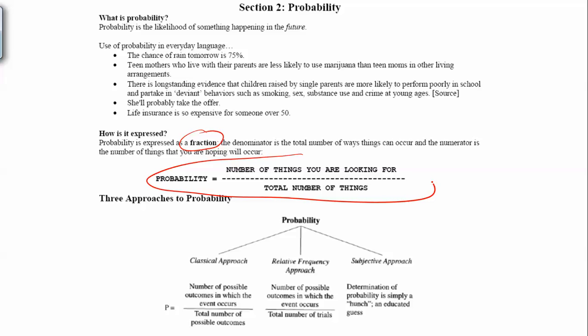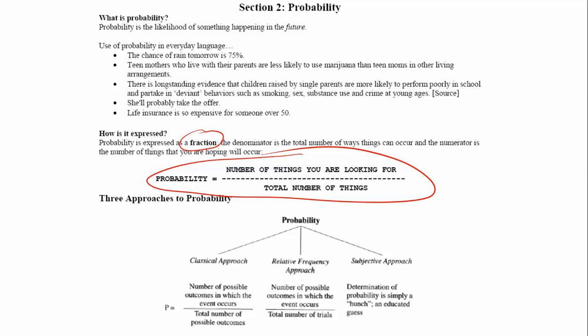If we take a look at this equation, we think about flipping a coin. The denominator is the number of possible events. Well, there's only two possible events. It's either a heads or it's a tails. The event that we're looking for is a heads. There's one way that the coin could have a heads.